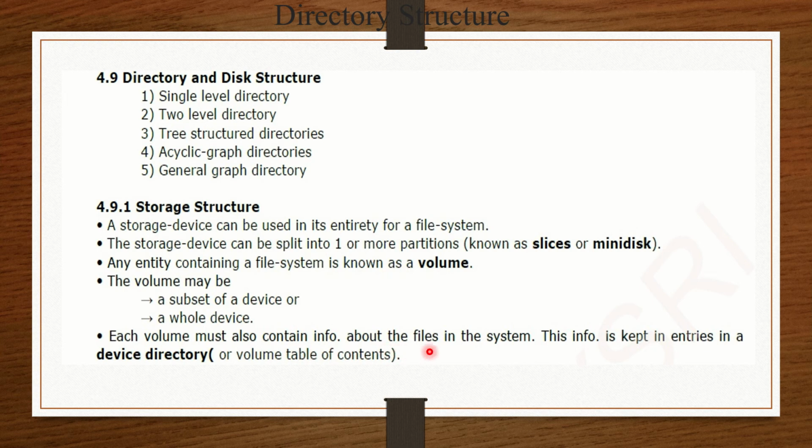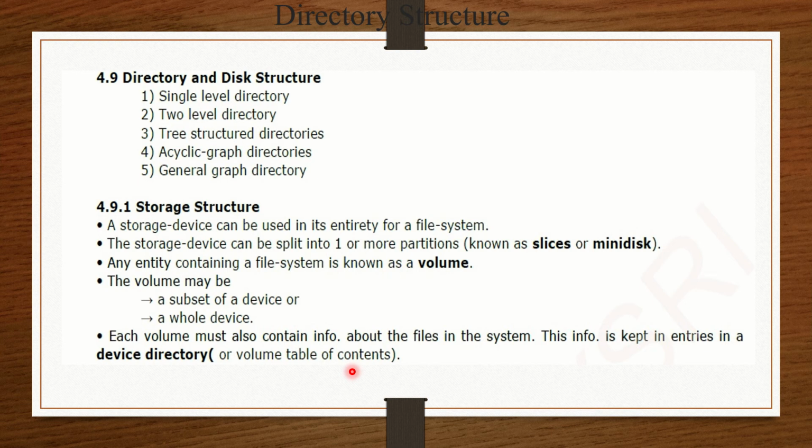Not only the files, but all the information about those particular files in the system will also be kept in that volume. This information is kept in entries in a device directory, or a volume table of contents. In that table of contents, there is information regarding the particular files.